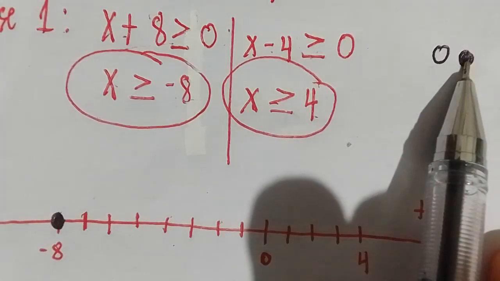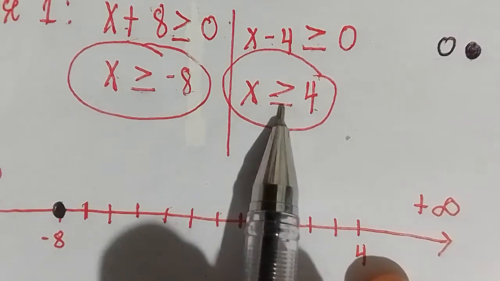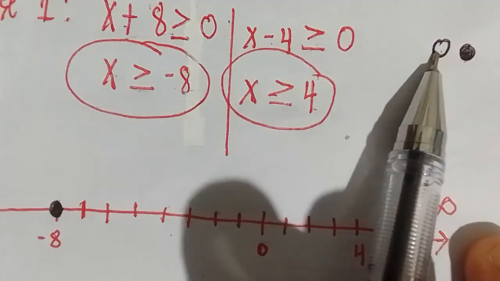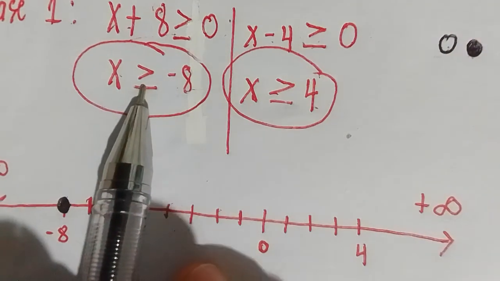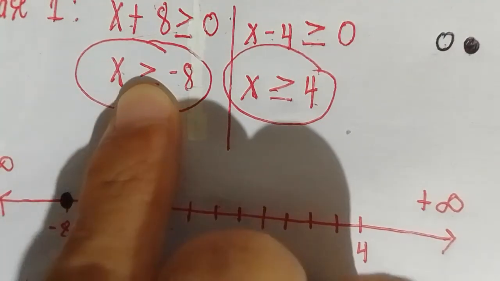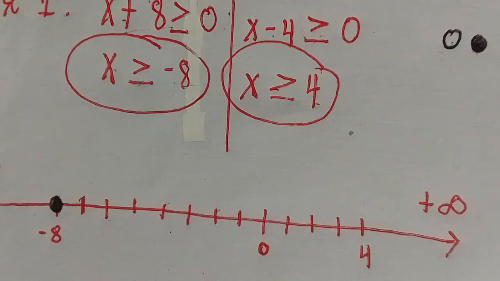Solid if there is an equal to in the inequality sign of the given. Hollow, or not shaded at the center, if there is no equal to, meaning it is only less than or greater than. Now, we have located one value, negative 8.